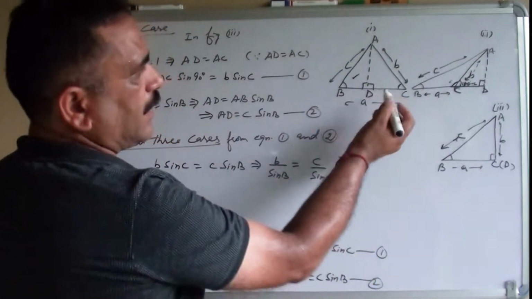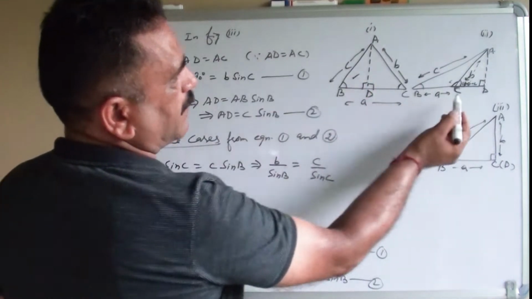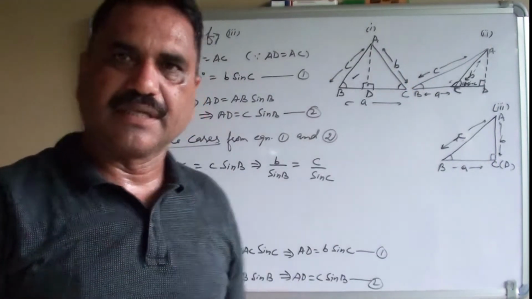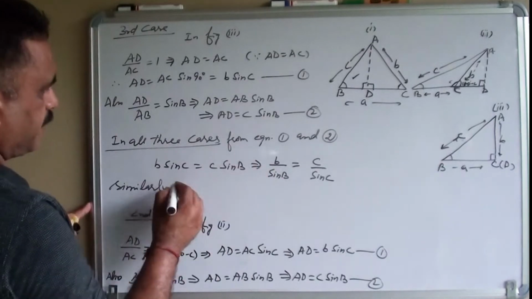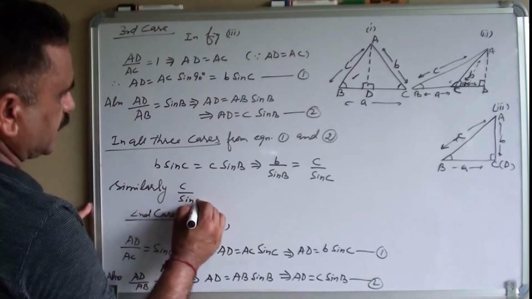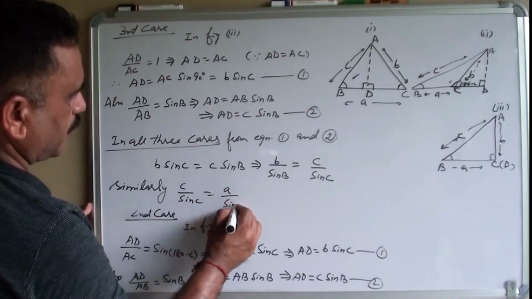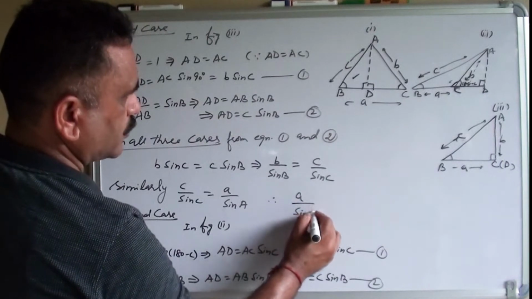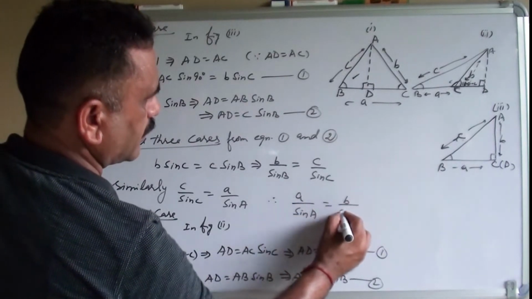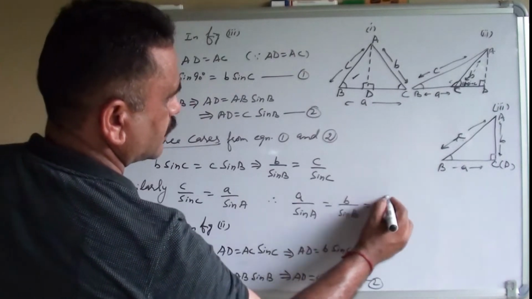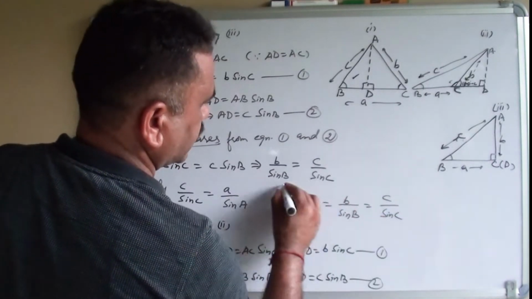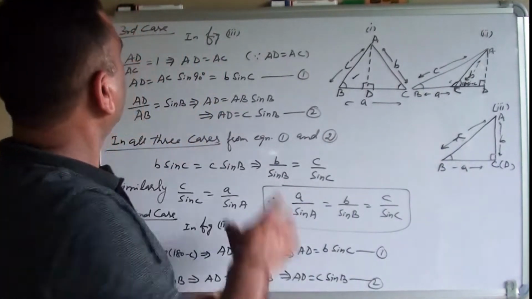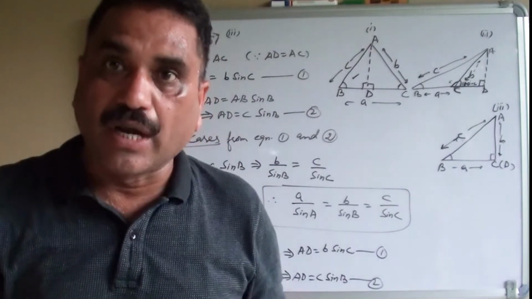if you will draw the perpendicular from this vertex, C से हर जो हमारा ट्रायंगल है उसको दूसरे वर्टेक्स से परपेंडिकुलर ड्रॉ करते हैं, तो सेकंड केस आ जाएगा, similarly C upon sin C is equal to A upon sin A. Therefore, A upon sin A is equal to B upon sin B is equal to C upon sin C. This is sine formula. So we have proved law of sines or sine formula.